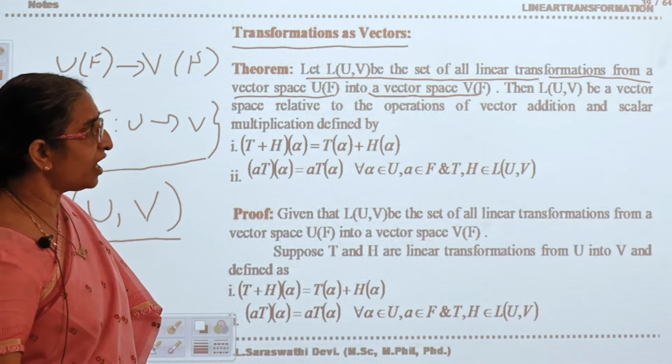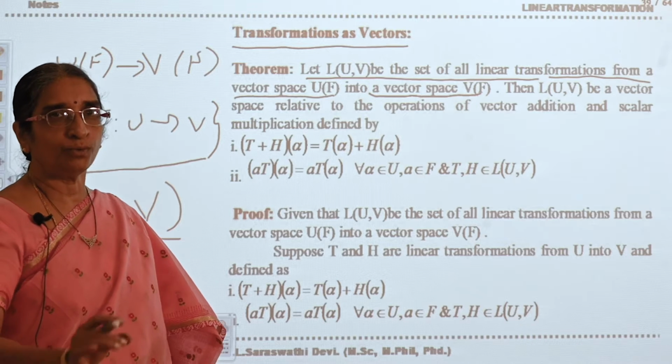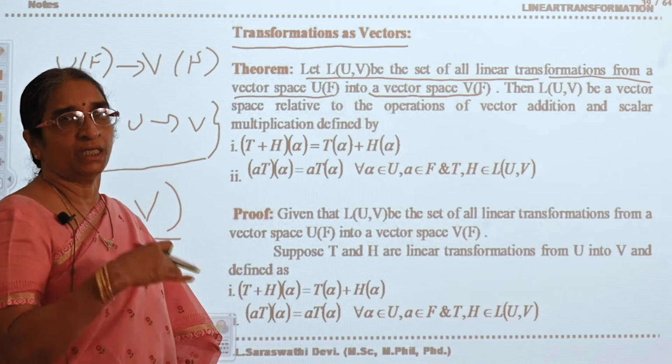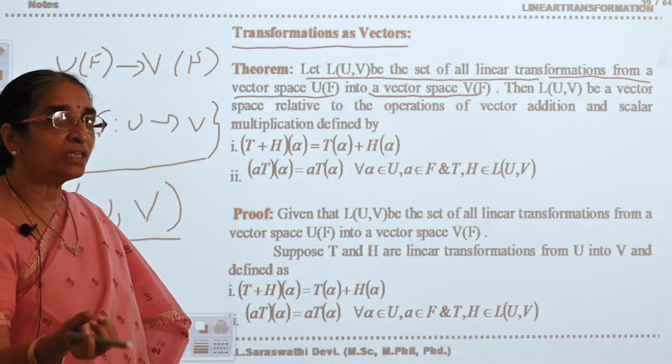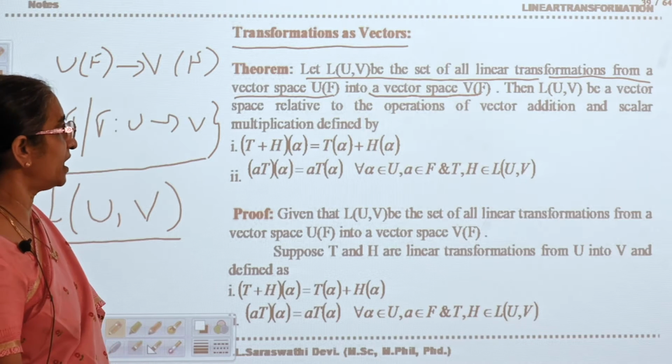Okay. Now, we are going to prove this L of UV is a vector space with respect to vector addition and scalar multiplication.